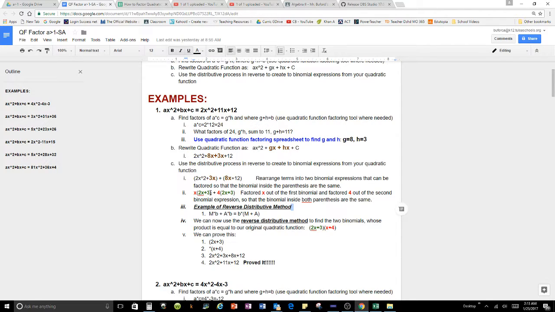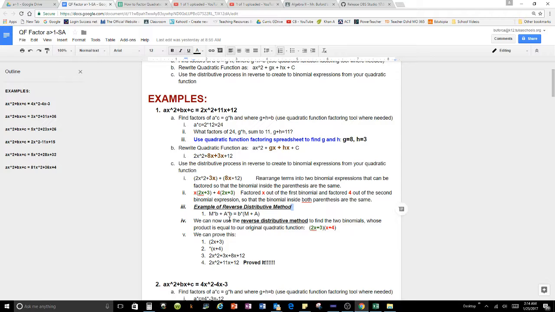What you see here is we have two terms that are alike. What we can do is factor those out, and you end up having this format. And you can see that here. Okay, so what we have here, you can sort of look at this as an example of a reverse distributive method process. Here you can sort of see B in this equation is representative of 2x plus 3 and 2x plus 3.